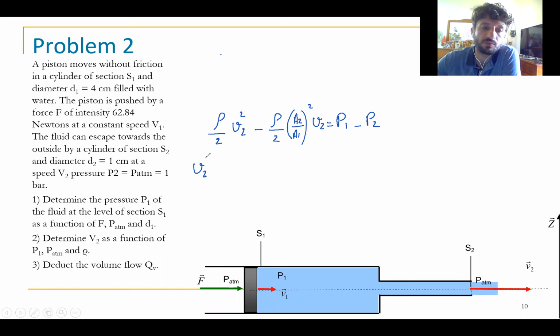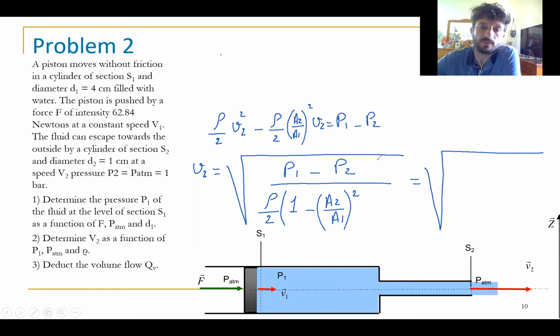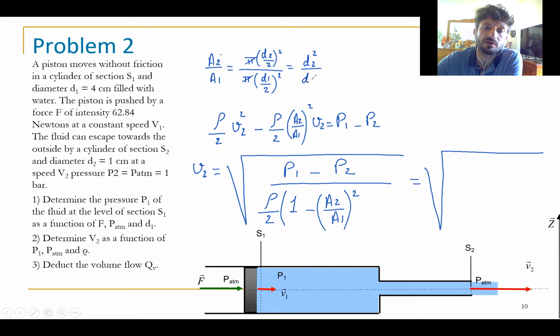We can take V2 squared as a common factor, so V2 equals the square root of P1 minus P2 divided by rho over 2 times (1 minus (A2 over A1) squared). A2 over A1 equals pi (D2 over 2) squared over pi (D1 over 2) squared, and eliminating pi and the 2s, we get D2 squared over D1 squared.